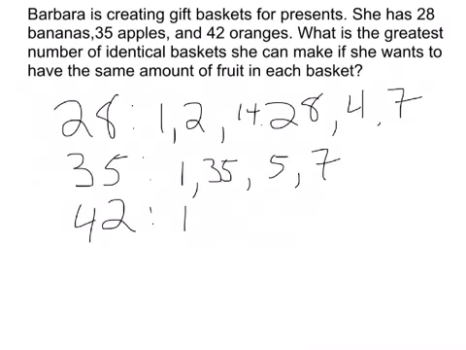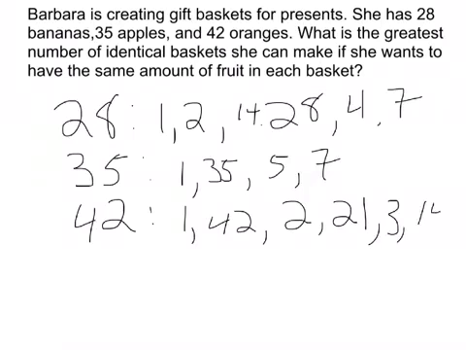And then 42: 1 and 42, 2 and 21, 3 and 14. Not 4, not 5. 6 times 7 is 42.